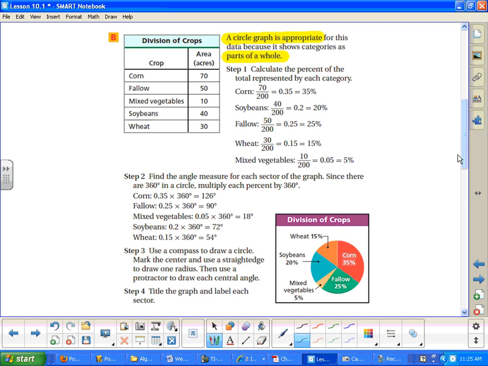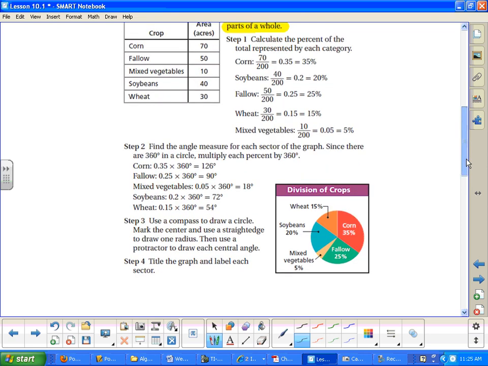We would have to do a little bit of adding to find out what the whole amount is, but then we could display them as percentages in a circle graph. How far is it all the way around the circle graph? Good, I knew that.